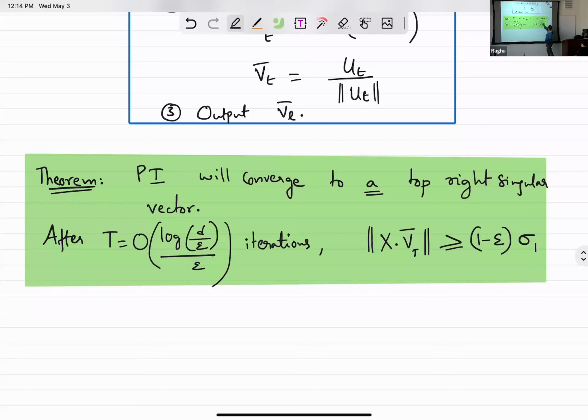Okay, the true maximum is sigma 1. You're getting epsilon close to it multiplicatively. Okay, so the order of convergence is like 1 over epsilon if you ignore the log dependence.